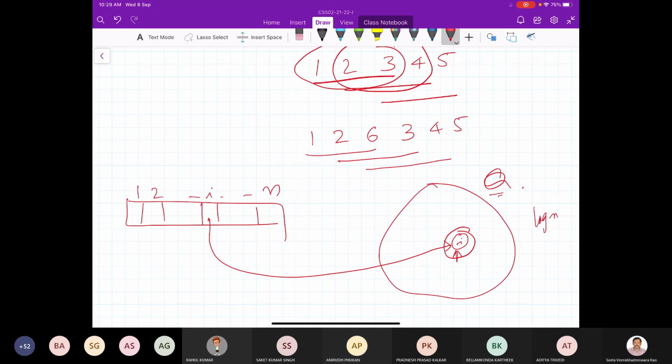The idea here is that you maintain cross pointers from this array to this priority queue. Whenever node I changes, accordingly this cross pointer also you update in the array. So this can be done without any extra cost.